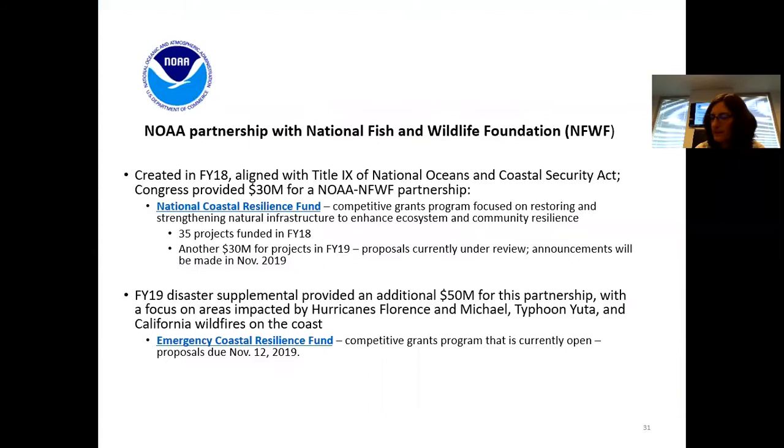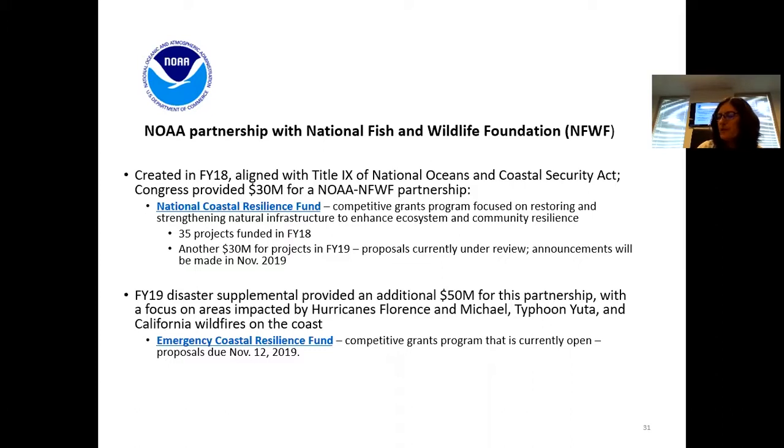And so that's the second bullet here. And there is a deadline. If you're interested, you might want to look into it right away. Congress provided to NOAA through a cooperative agreement to the National Fish and Wildlife Foundation to manage the funds, $50 million in funding to address emergency coastal resilience recovery.